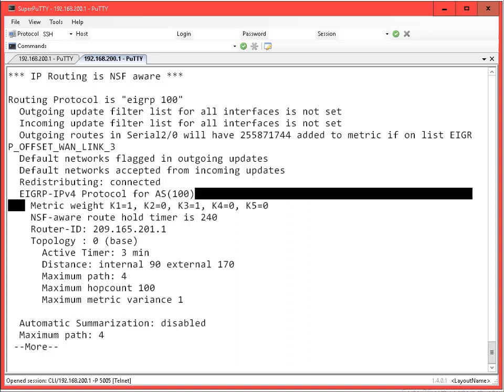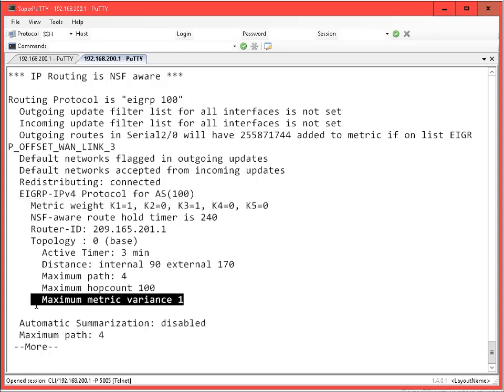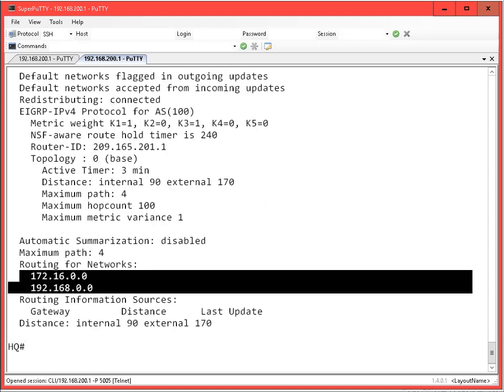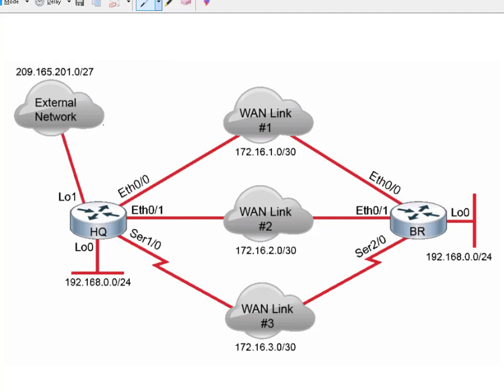We can see we're using our default K values in this case. We're going to learn more about that in this lesson. We've got automatic network summarization disabled. We're doing equal cost load balancing, and we're routing for networks 172.16 as well as 192.168, which does include both of the WAN links, actually all three of the WAN links plus this link right here, which is a simulated WAN connection or LAN connection that we're going to be advertising to the branch router.